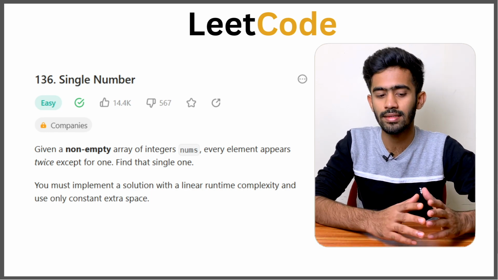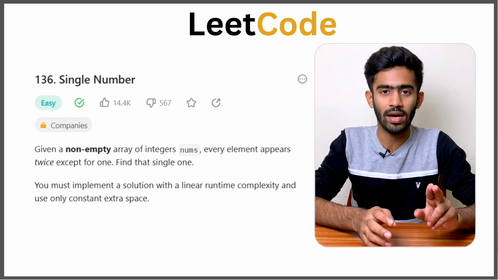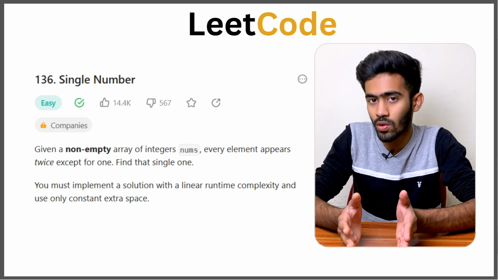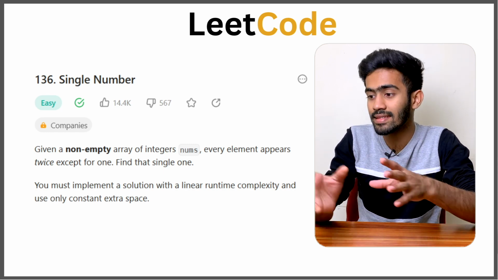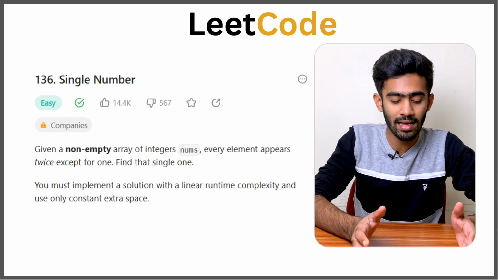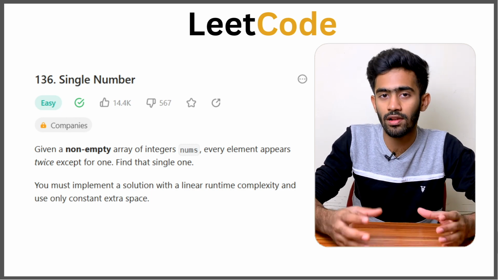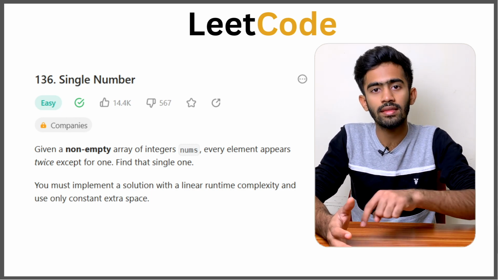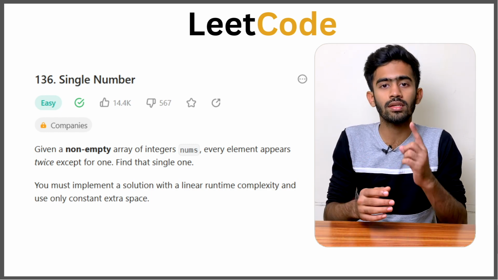In this, the element 1 appears twice, element 2 appears twice, but the element 3 is the only number that appears only one time. So that's the single number here. If we are given an array like 1 1 2 2 3, we have to write an algorithm which finds that number 3, whose count is just 1.